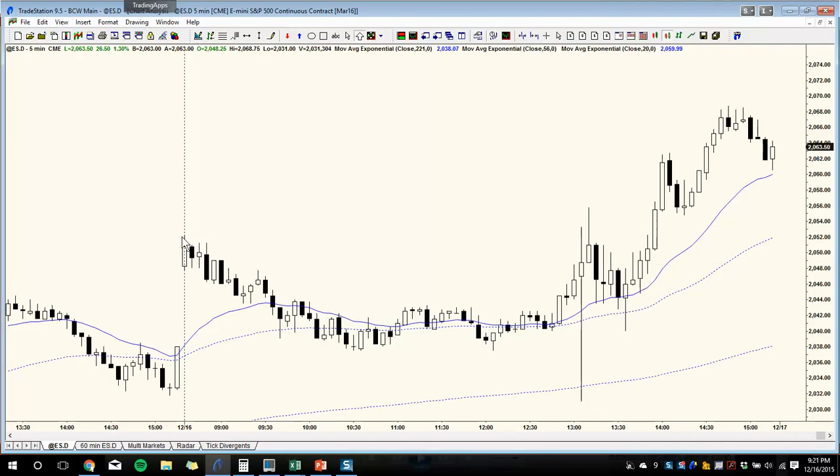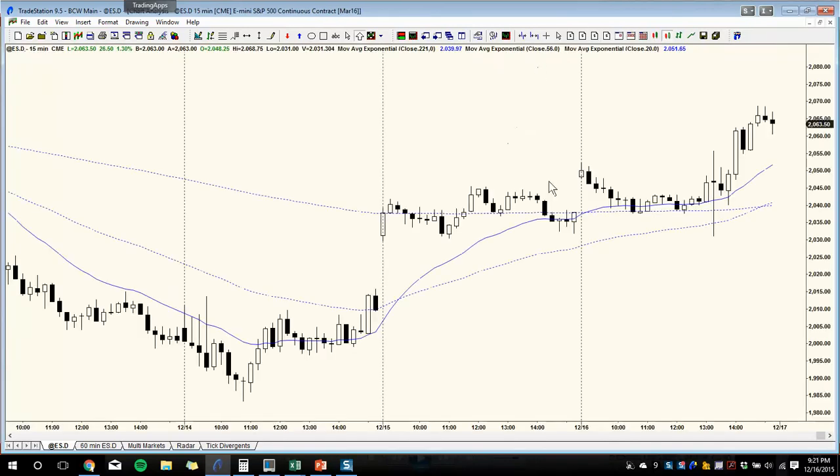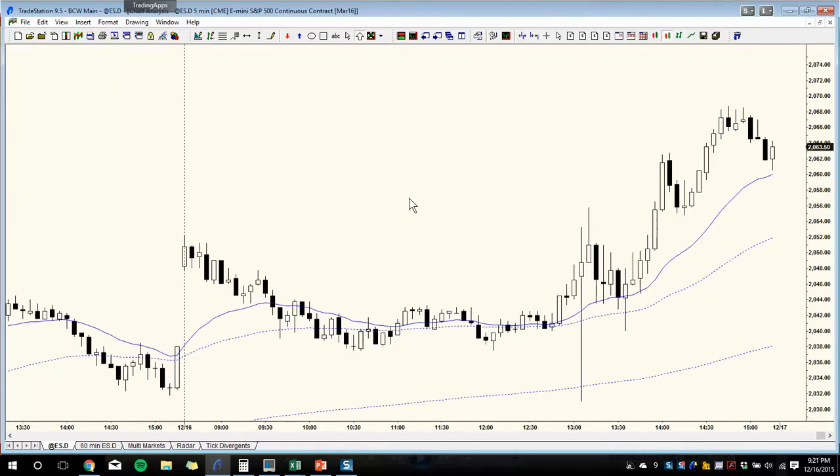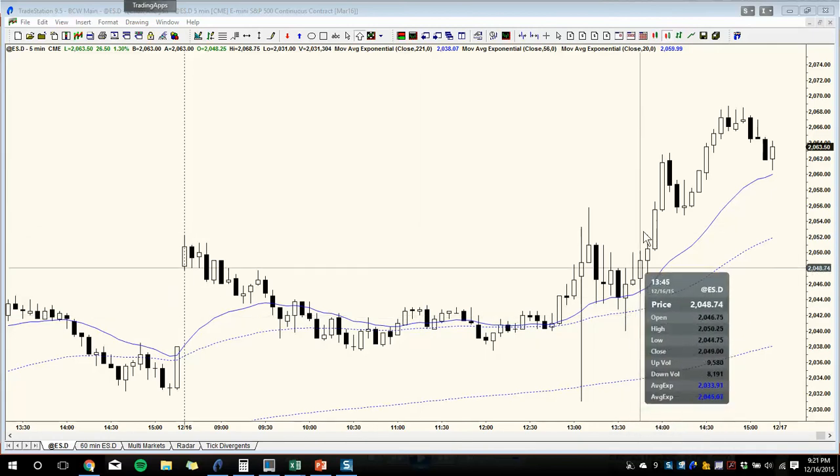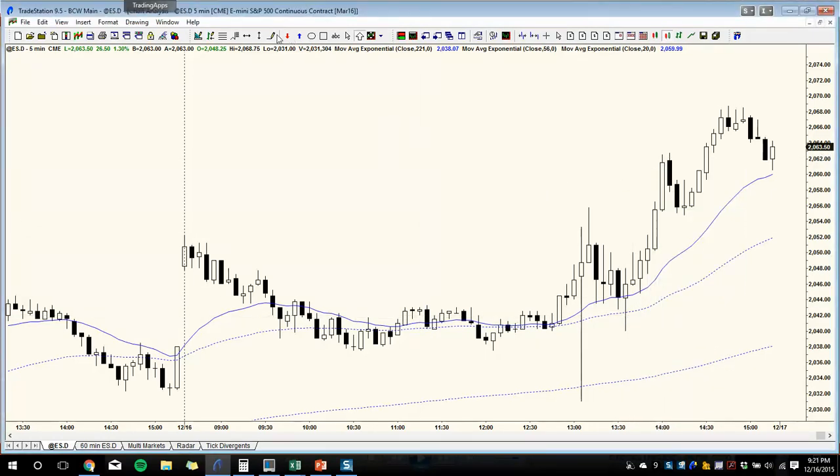So here's the easiest way to look at this 15-minute chart. A lot of dojis, sideways, and then we broke to a new high, pulled back, and rallied. Ended up getting a wedge top.